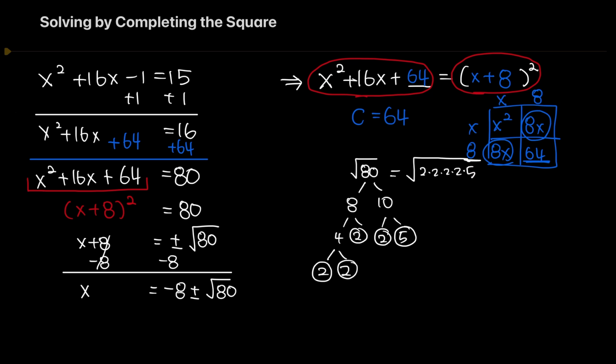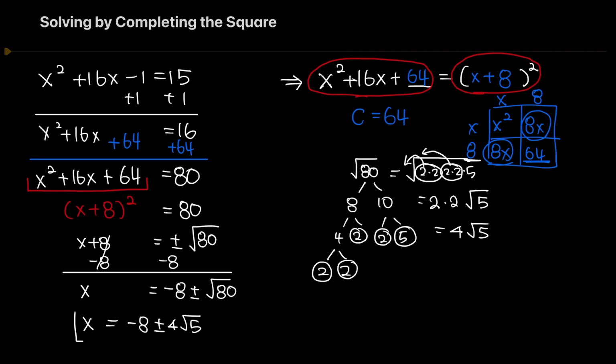This is a square root, so any number that's multiplied by itself twice gets kicked out of the radical. Here's one, and here's another, and what's inside the radical is 5. That gives me 4 radical 5. So you rewrite this: x is equal to -8 plus or minus 4 square root of 5. And that is your answer.